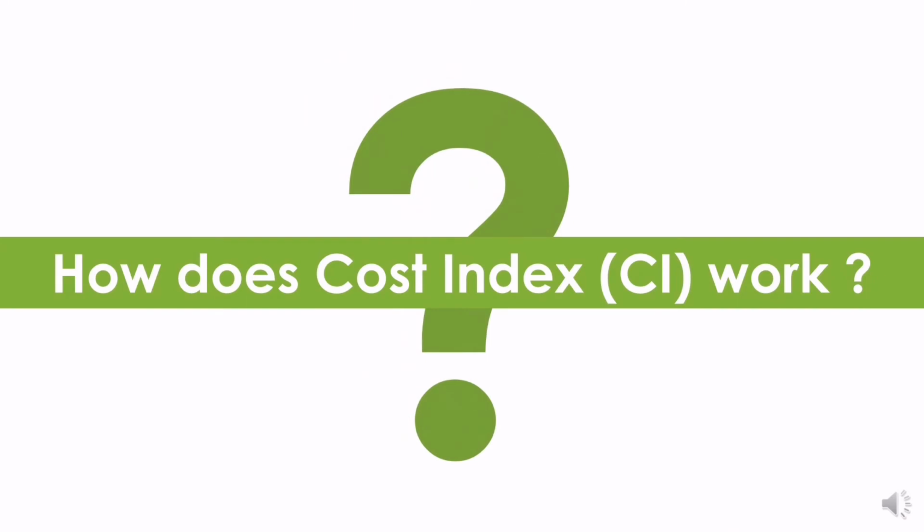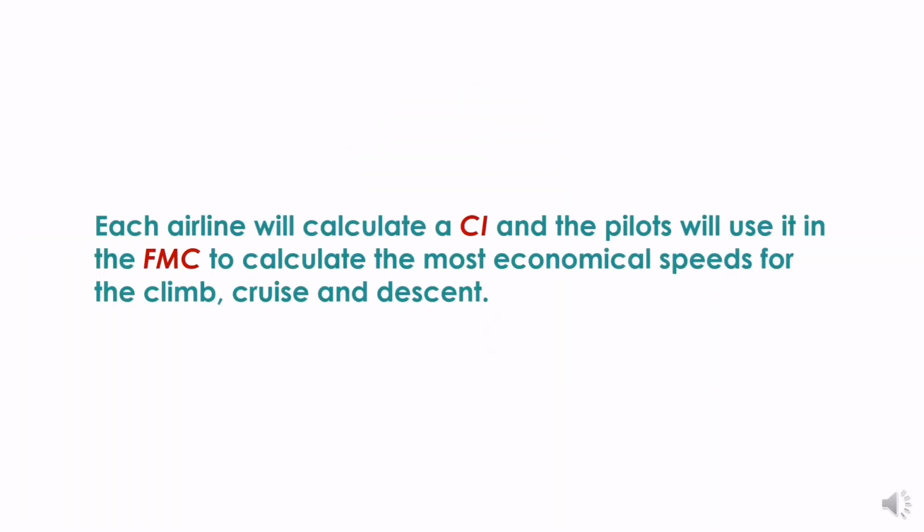How does a cost index work? Each airline will calculate a cost index, and the pilots will use it in the flight management computer to calculate the most economical speeds for the climb, cruise, and descent.